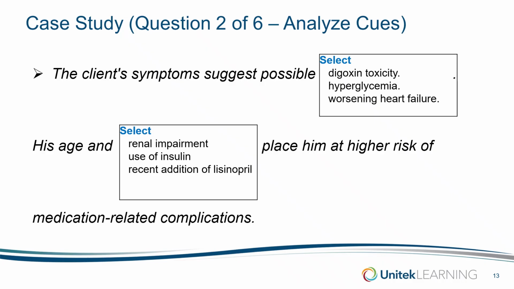So we will use a drop-down question type to go ahead and answer the question. We're going to analyze what these signs mean. The symptoms suggest possible digoxin toxicity. The client's age and multiple medications place them at higher risk for complications like bradycardia and electrolyte imbalances.